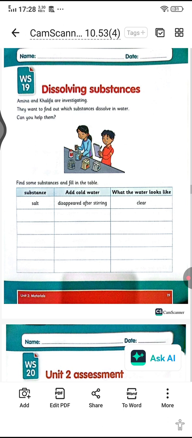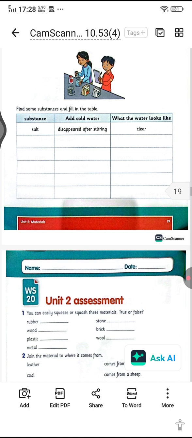You can take tea powder, stir in it, but it will not dissolve in water, and the tea leaves will float on the surface of the water.